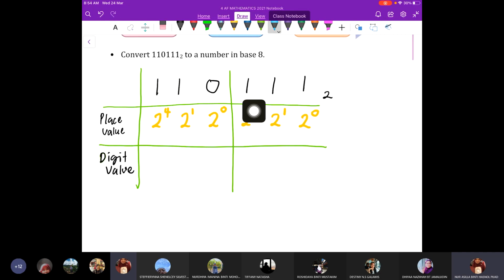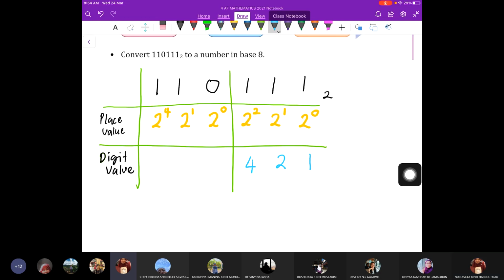So 1 darab 2 kuasa kosong will give you 1. 1 darab 2 kuasa 1 will give you 2. And then 1 times 2 to the power of 2 will give me 4.